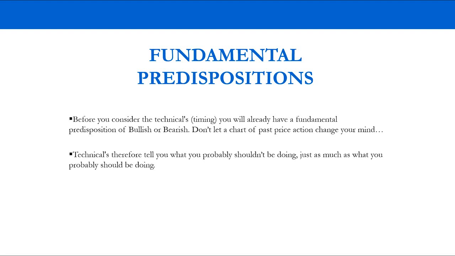So if your fundamental predisposition is you want to be long a currency pair, and you get to this stage where you pull up the chart and it looks like short term it's going to go down, then don't trade. The technicals are telling you that you probably should just wait. So they're telling you just as much what not to do as what you probably should be doing.